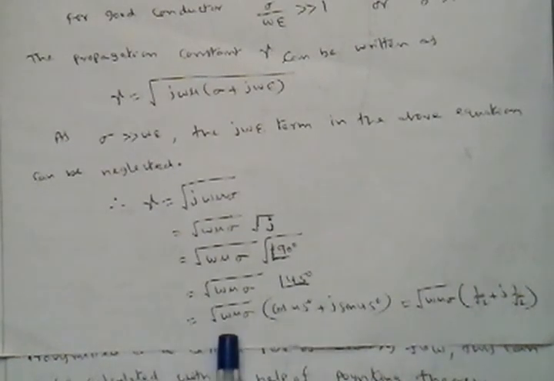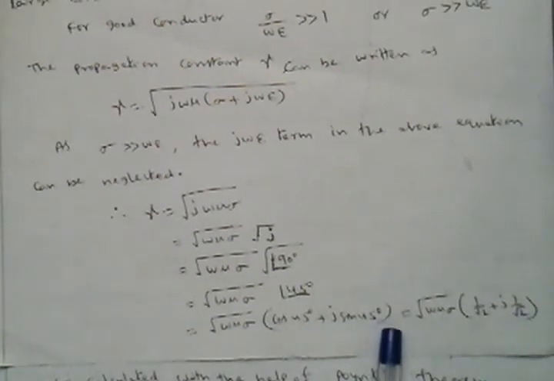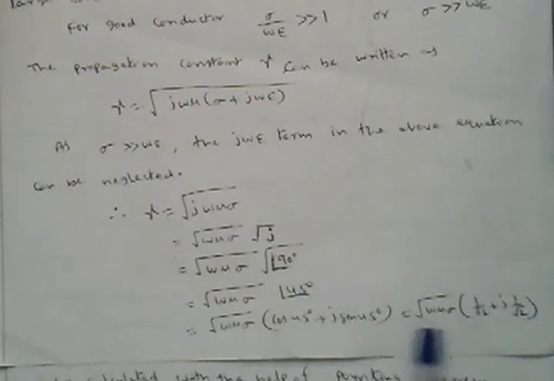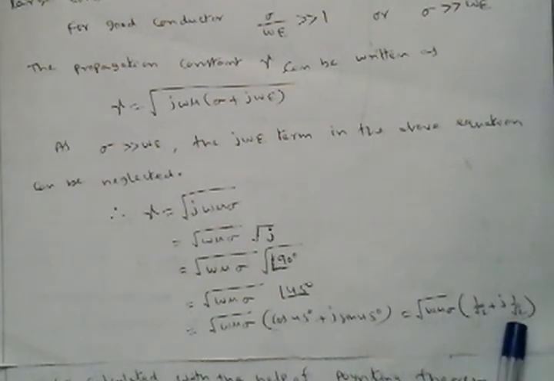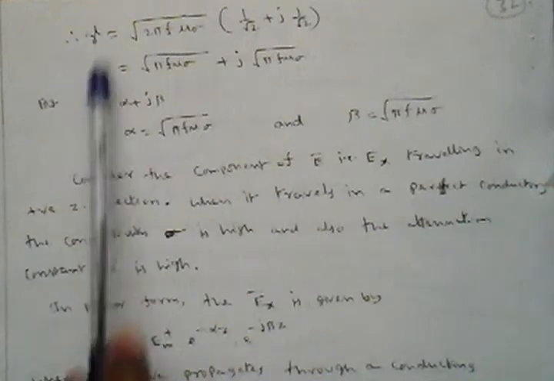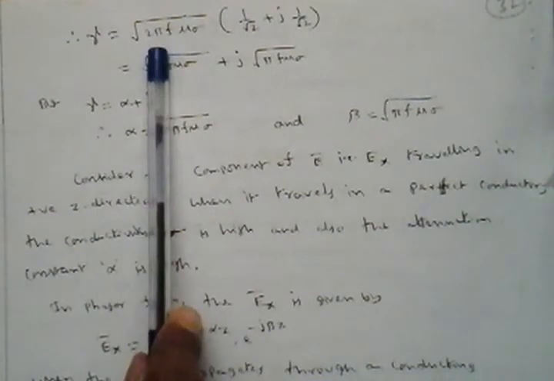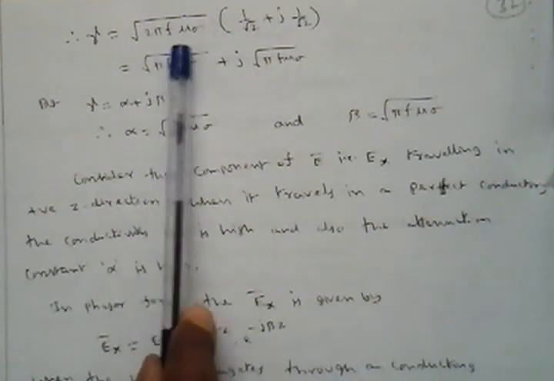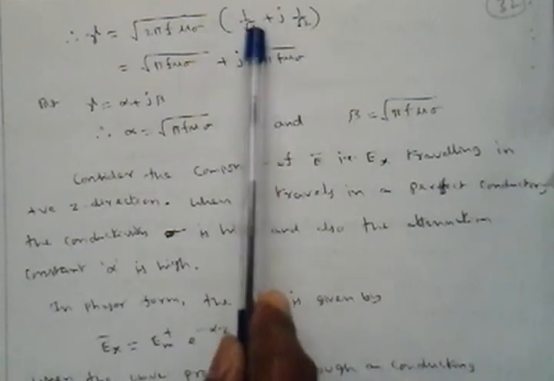So it is square root of omega mu sigma times (cos 45 degrees plus j sin 45 degrees), which expands to square root of mu omega sigma times (1 by root 2 plus j 1 by root 2). Since omega is 2 pi f, this becomes square root of 2 pi f mu sigma times (1 by root 2 plus j 1 by root 2).